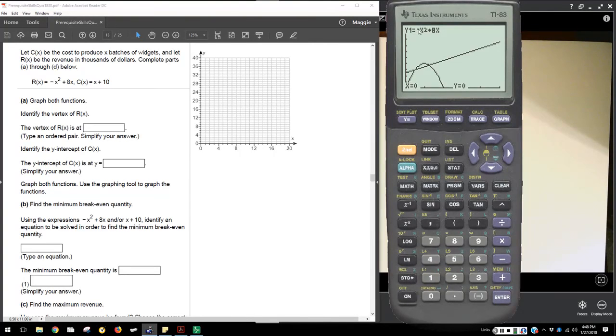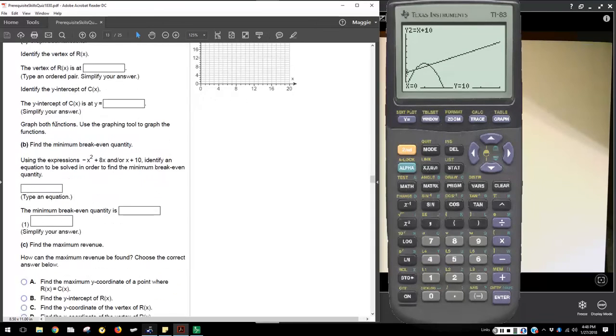But that's because we're not looking at the cost, we're looking at the revenue. If we want to look at the cost, we need to move to y2, which is the cost function. And it says the y-intercept is 0, 10. That should make sense because if x is 0, then y is going to be 10. So this should be the point (0, 10). And you would graph those two functions here on MyMathLab.